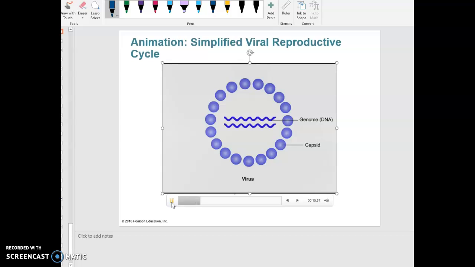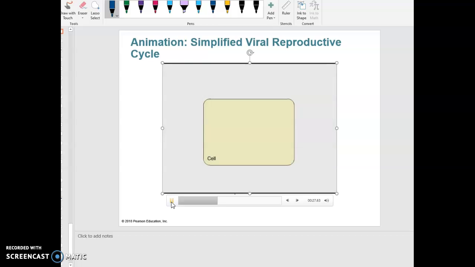In the virus shown here, the genome consists of DNA, but some viruses have RNA. Some viruses are also covered by a membranous envelope that is derived from the membrane of the host cell. There is usually a lock and key fit between the proteins of the capsid and receptors on a particular type of host cell. The virus attaches to a host cell and viral DNA enters the cell.